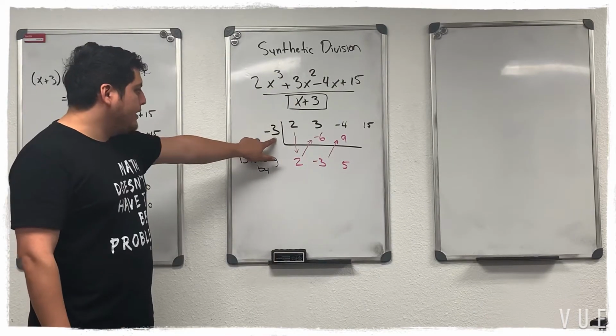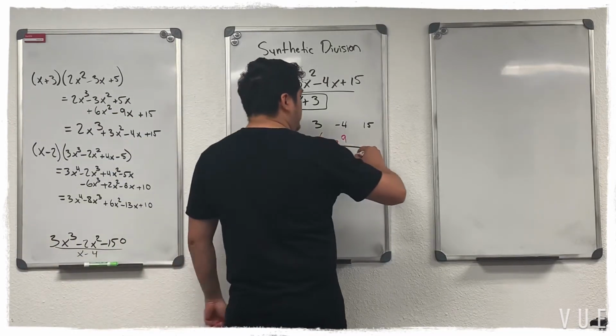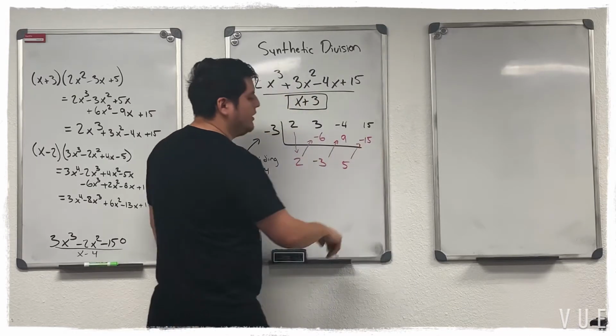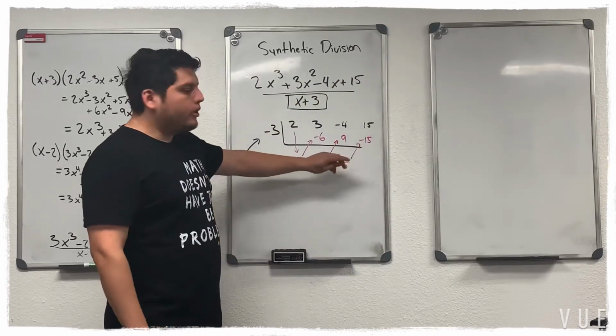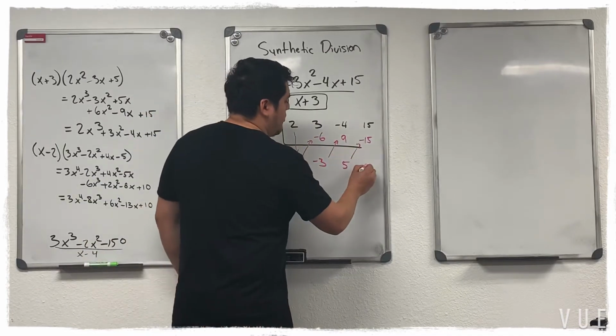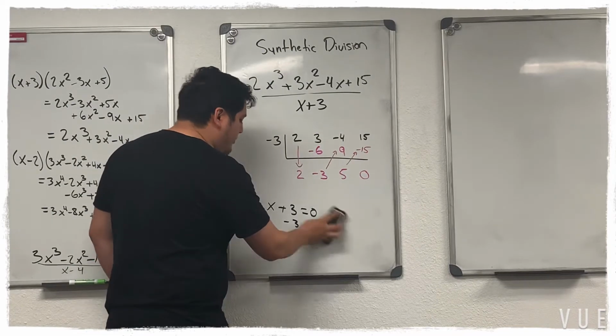One more time, -3 times 5 is -15, but that you're going to write in this last spot, -15. And like before, you're going to add this 15 plus this -15 to end up with a remainder of 0. The last number is always your remainder.